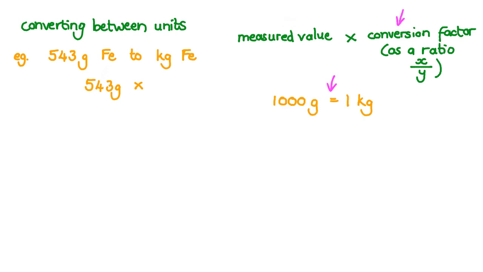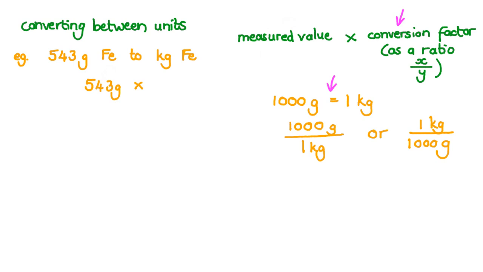If we use our prefix table from earlier, we would work out that the conversion factor here is 1,000 grams equals 1 kilogram. We can write that as a ratio of 1,000 grams over 1 kilogram, or 1,000 grams per kilogram, or 1 kilogram over 1,000 grams.